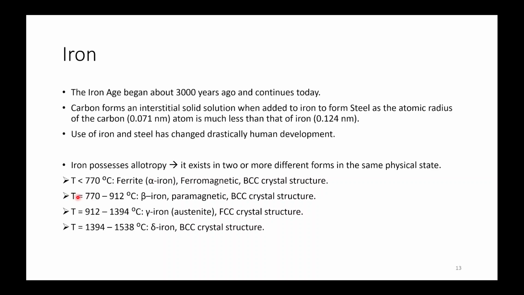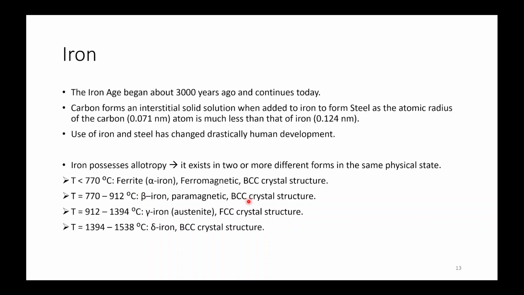If we increase the temperature above 770 and go up to 912 degrees C, it will be beta iron, which will be paramagnetic. So above 770, all this iron will be paramagnetic in nature.